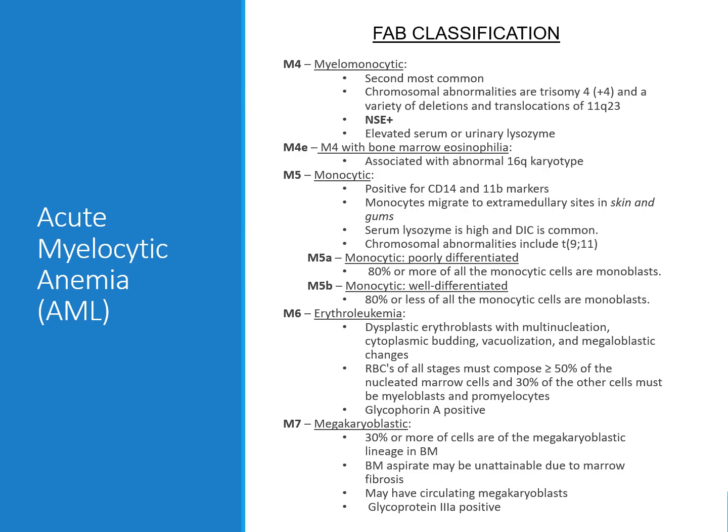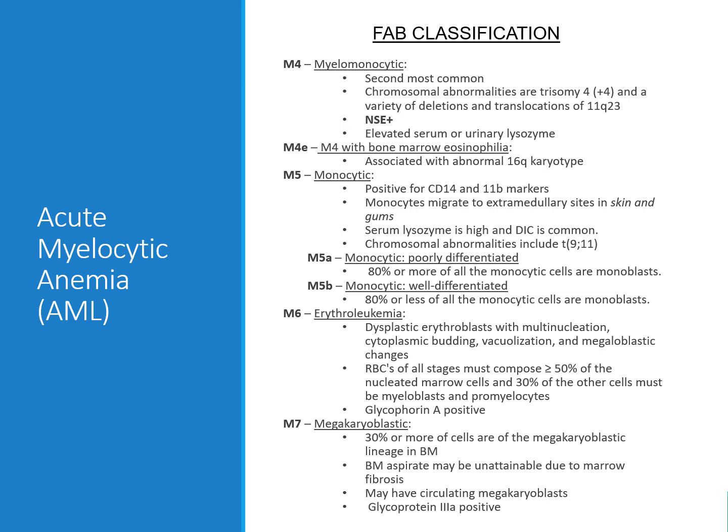We might have cytoplasmic budding, and it's kind of just like a little weird projection into the cytoplasm, vacuolization, and megaloblastic changes. Now we talked a little bit about megaloblastic changes in a red blood cell unit. So we're going to see enlarged cells. We're going to see things that just aren't looking normal and maybe a little oversized.